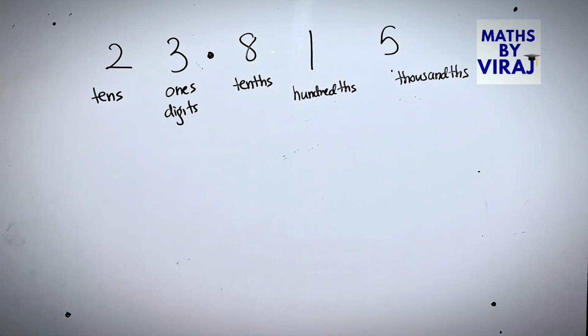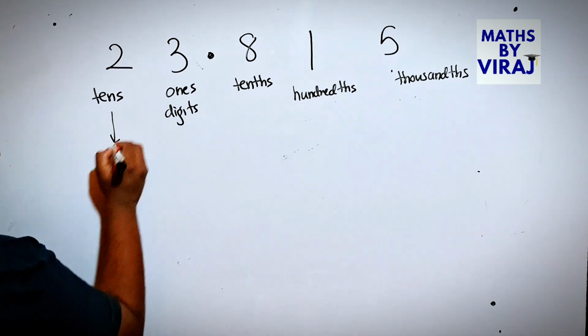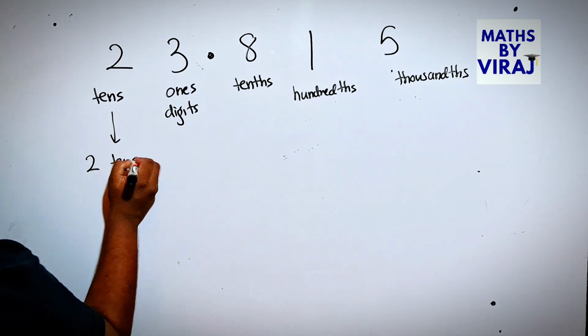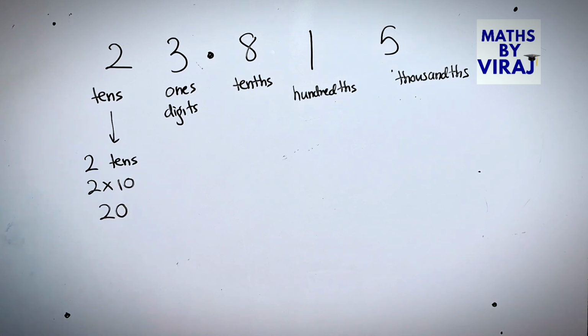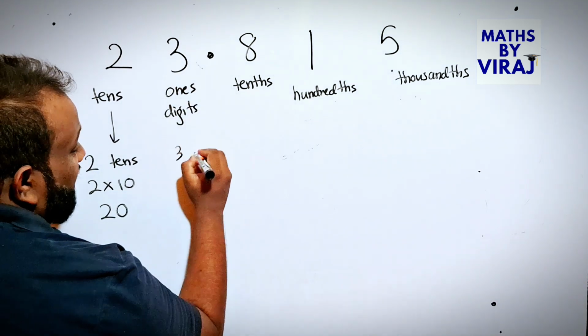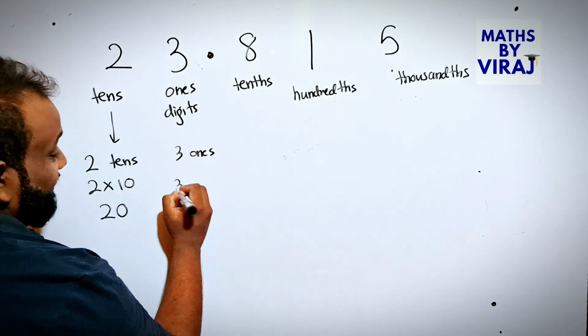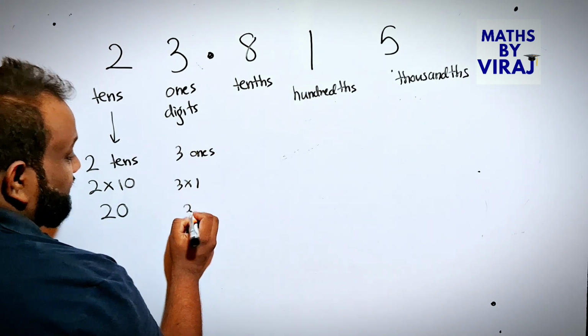So what do you mean by 23.815? Understand that here 2 tens, 2 into 10, what is it, children? 20. 3 ones, that is 3 into 1, 3.